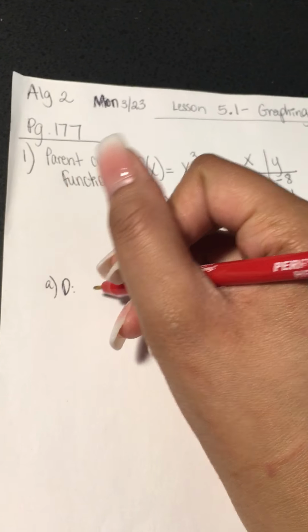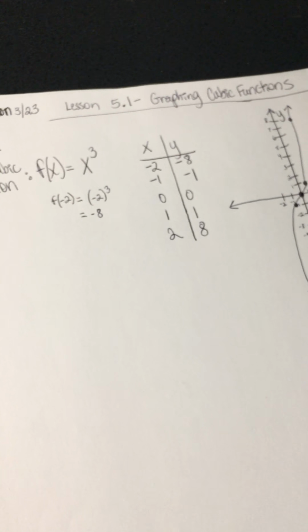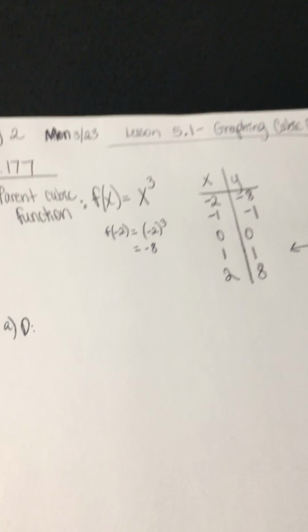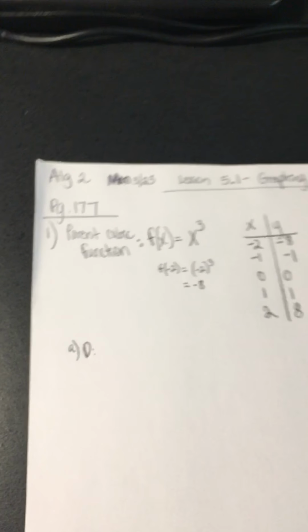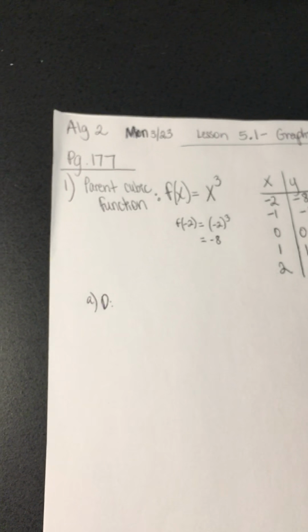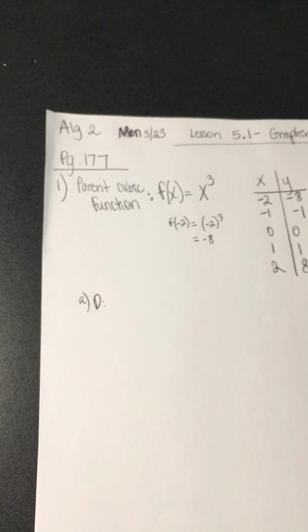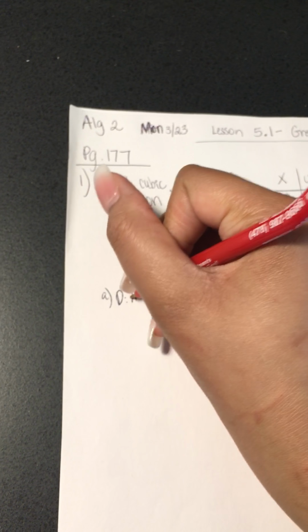Another way to describe that is the x values will include every single possible x value that there is. So if these x values are going to be real numbers, then the domain is all real numbers.